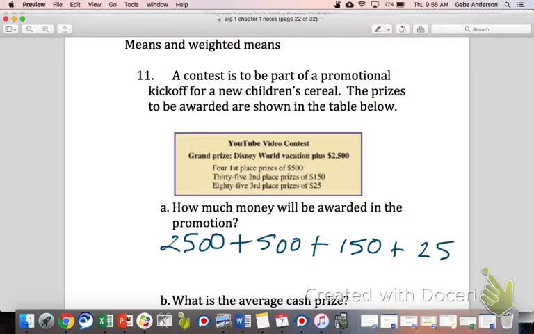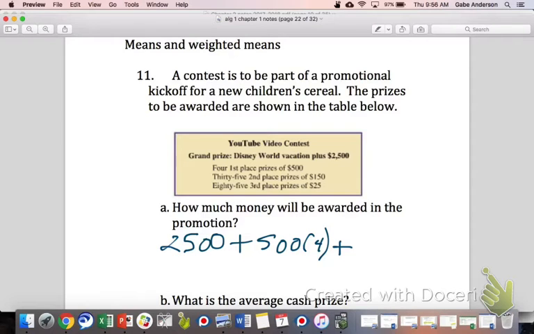So here's what I'm going to do. We will get rid of a couple of those here, and I'm going to say 2,500 happens once, but as you mentioned, 500 happens 4 times. So I'm going to put times 4 plus, and of course, second place is $150, but there's 35 of those.